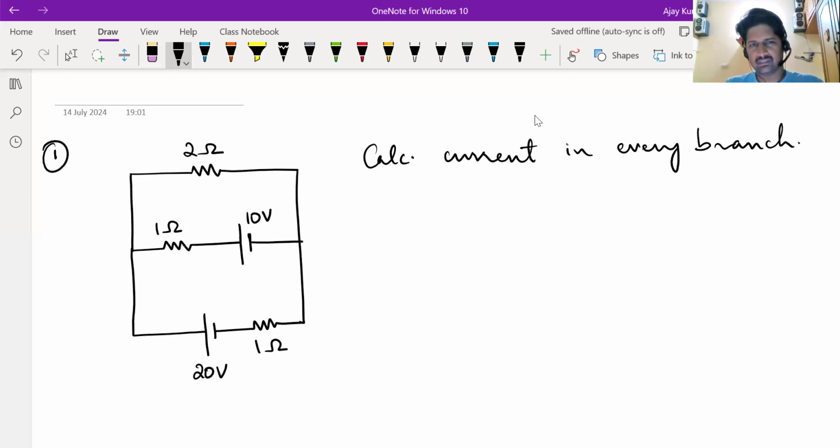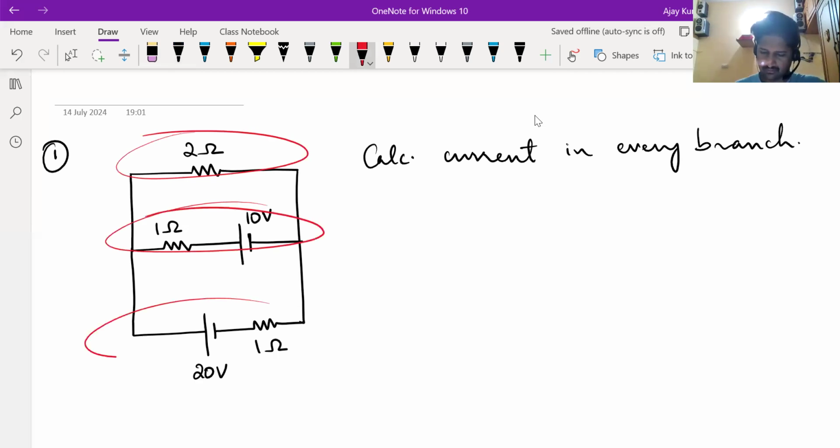Now we can see 3 branches here. See, a branch is effectively a part of the circuit, a straight part of the circuit which has some elements in it, like a resistor or a battery or a capacitor or an inductor, maybe combinations of those also. So we can see 3 branches here. This is 1, this is 1, and this is 1. We have to find currents in all 3.